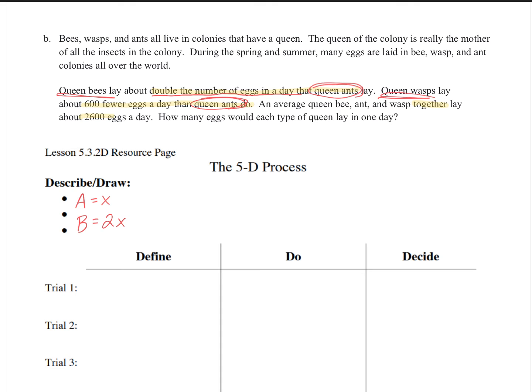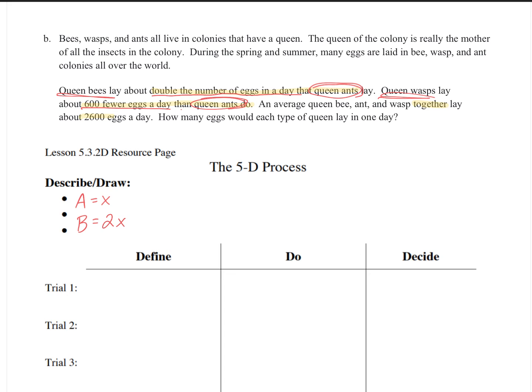Queen wasps lay 600 fewer eggs than queen ants do. So 600 fewer, keyword there being fewer. What operation would we use to represent that? 600 fewer, 600 less, so we're going to use subtraction there.